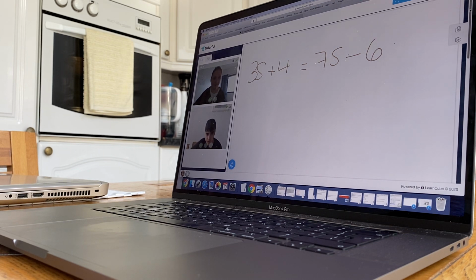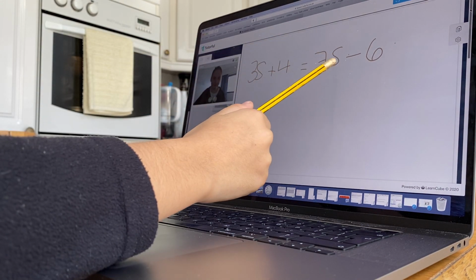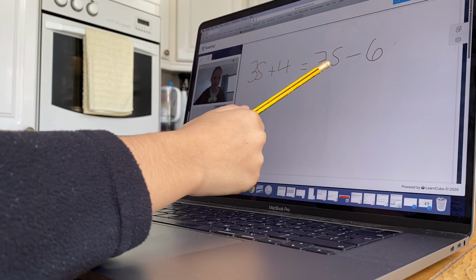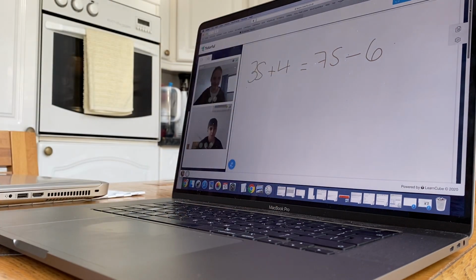Subtract 3s from 7s, which gives 4s. We're moving the 3s over, so we're subtracting 3s on both sides. So 4s equals 4 minus 6, and the numbers don't change.